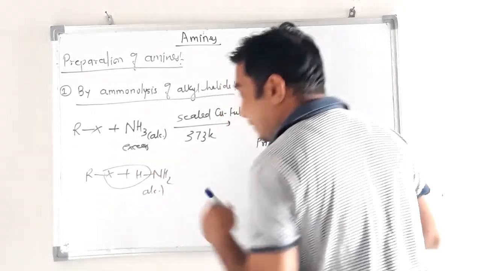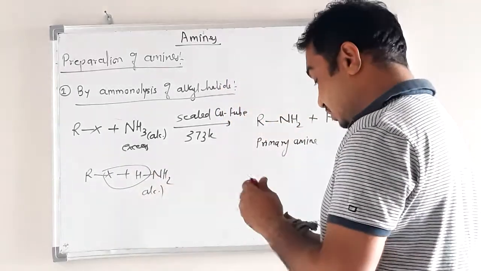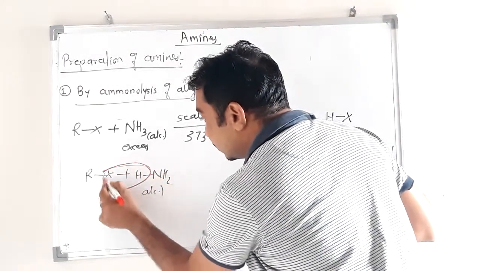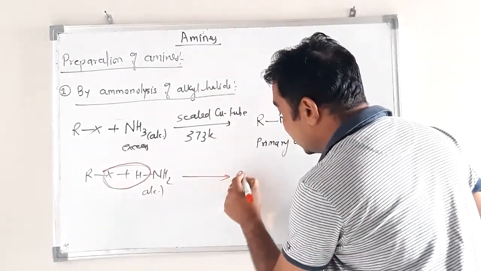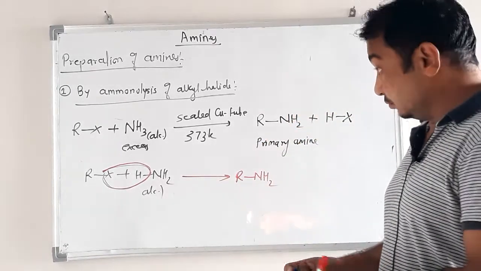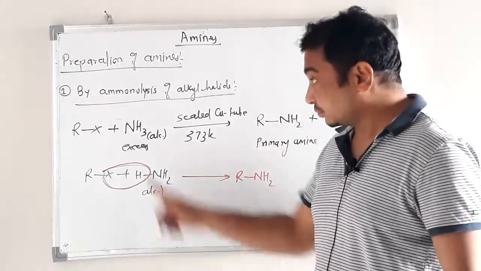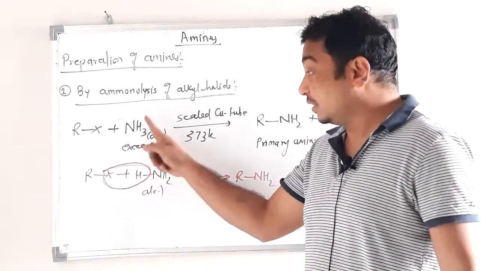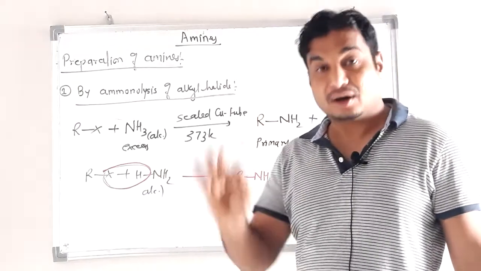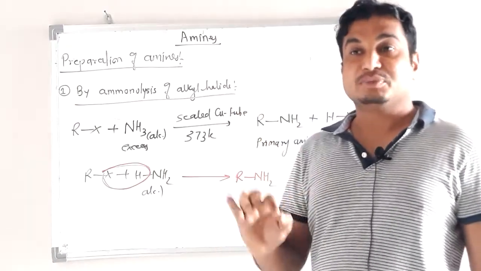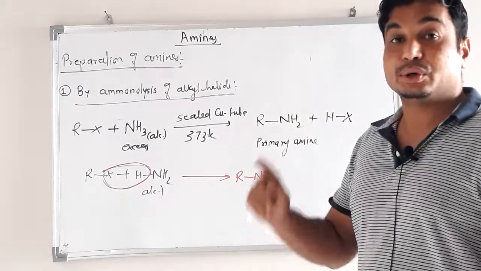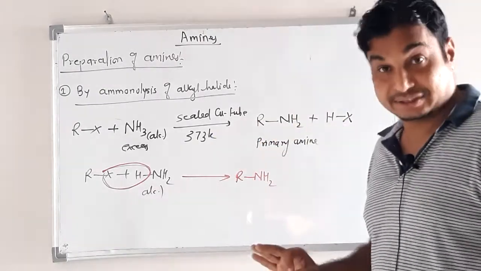Then this bond will break and it gets converted into RNH2. So in this reaction the halogen atom gets replaced by the amino group. Therefore it is a nucleophilic substitution reaction.